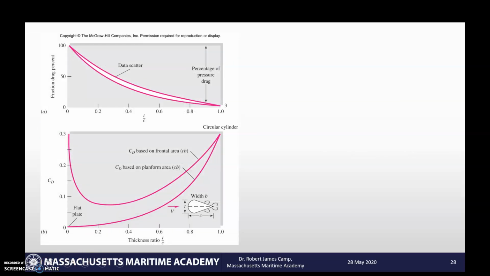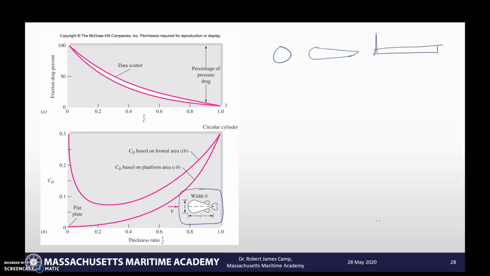This is kind of interesting. All this is based on this little picture: the thickness versus the chord. Thickness would just be top to bottom. Chord is, as we talked about, the length from the leading edge to the trailing edge. Now, this starts out as a perfect cylinder, and it just gets tapered and more tapered till it eventually becomes a flat plate. What's interesting about this drawing is we've got these curves in here, with the coefficient of drag based on the frontal area, AF, and the coefficient of drag based on the planform area.